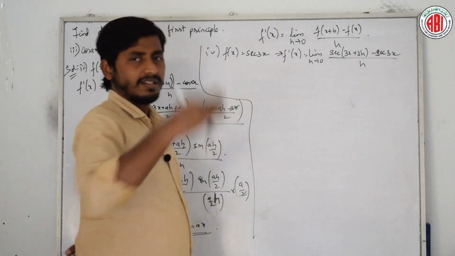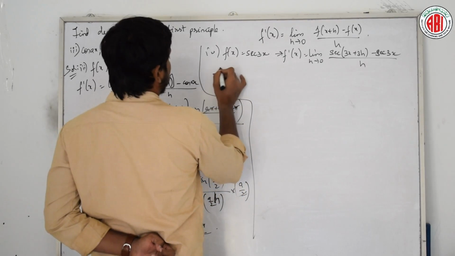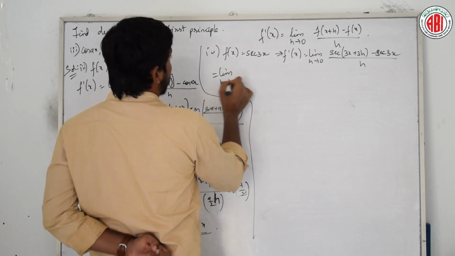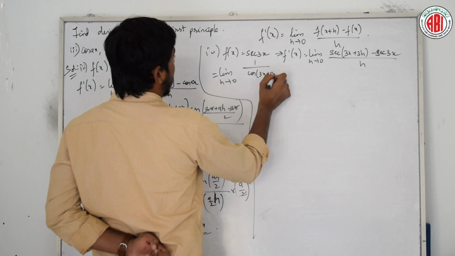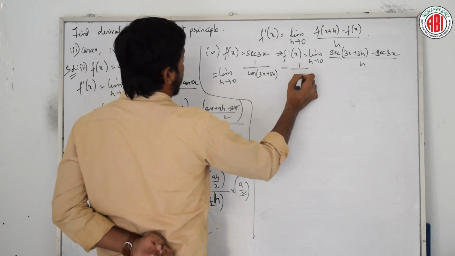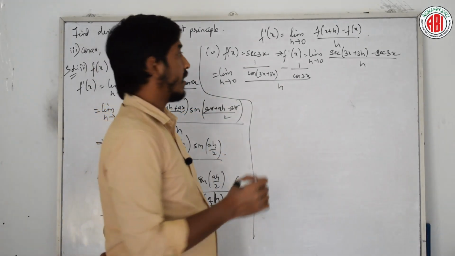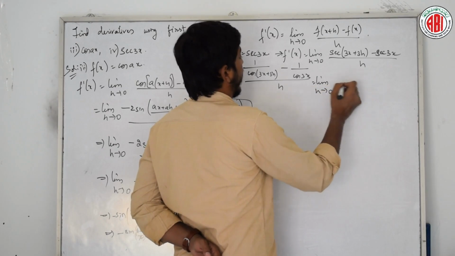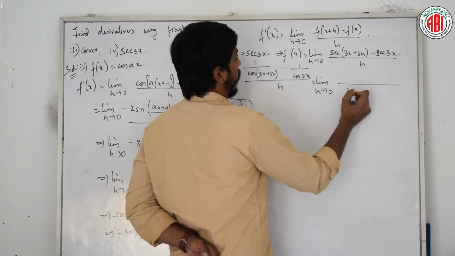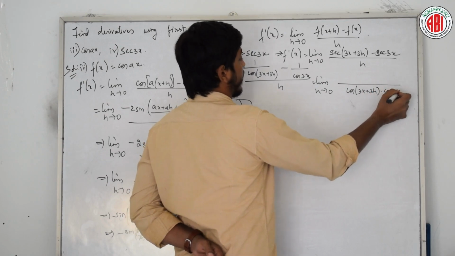So let us take the reciprocal, then we will get cos terms, that is limit h tends to 0 of 1 by cos of (3x plus 3h) minus 1 by cos 3x, divided by h. Okay. Now see here, let us take LCM as cos of (3x plus 3h) into cos 3x.